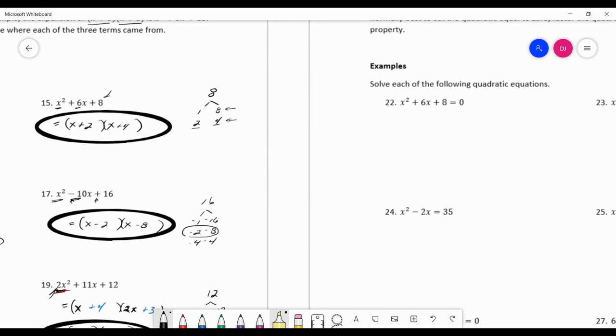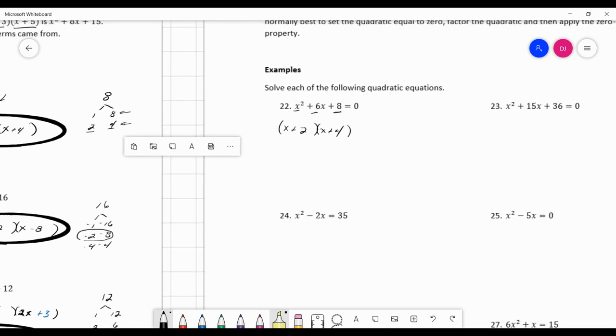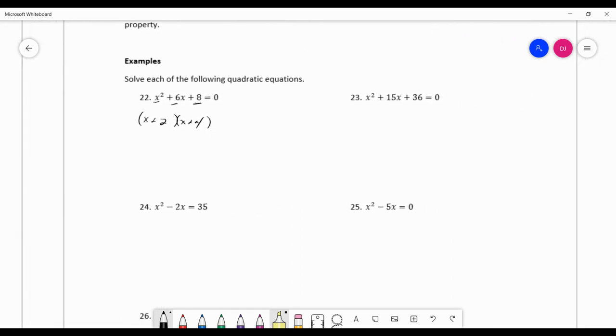We've already factored x squared plus 6x plus 8 over here in number 15. Since this is a 1x squared, x times x would give me the x squared. What are the factors of 8 that add to 6? They were 2 and 4. Now, what's different in number 22 is that I'm going to say that product, x plus 2 times x plus 4, equals 0.